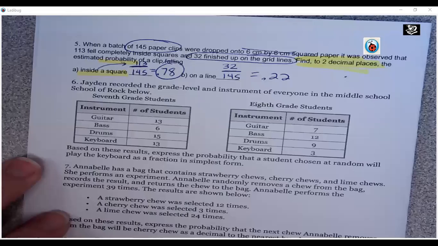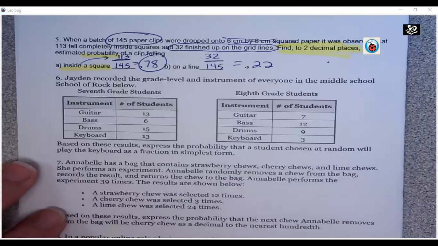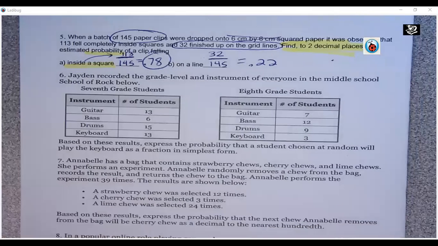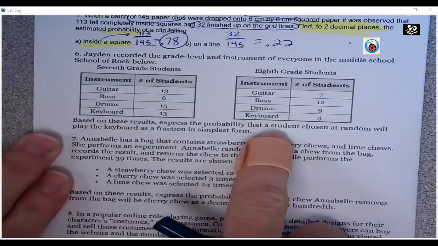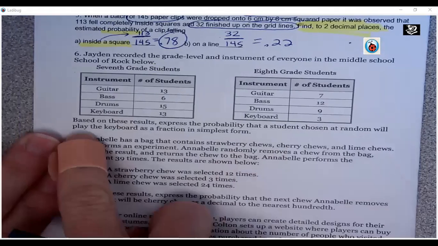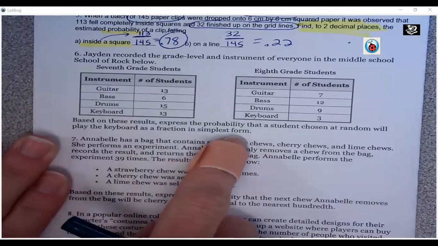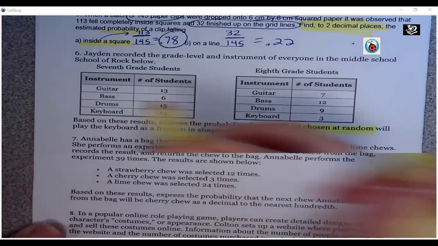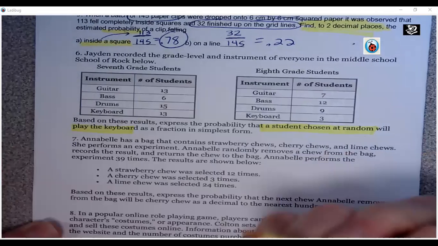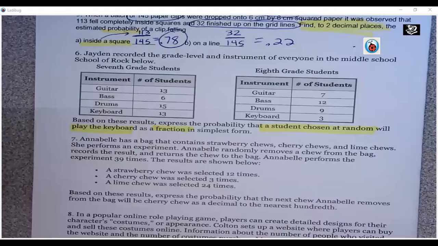All right, Jaden recorded the grade level and instrument of everyone in the middle school of Rock below. 7th grade students and 8th grade students. Based on these results, express the probability that a student chosen at random will play the keyboard as a fraction in simplest terms. So we want a student chosen at random to play the keyboard, and we want to leave our answer as a fraction.